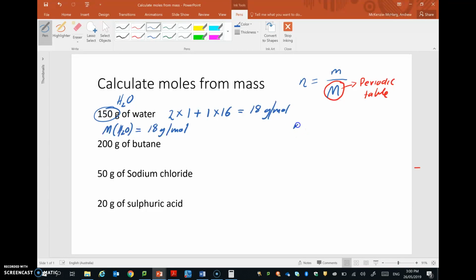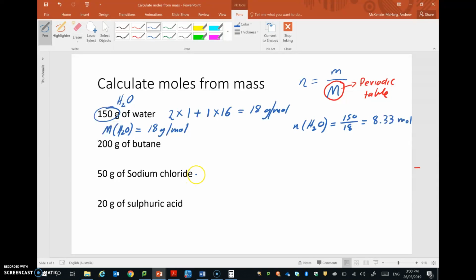So once again, I'll use that notation, number of moles, n(H2O), to show we're finding the number of moles of water involved. And in this case, it's equal to 150 grams divided by 18. And if you put that into your calculator, you should get 8.33 recurring, which we'll write to 3 significant figures, 8.33 mole.